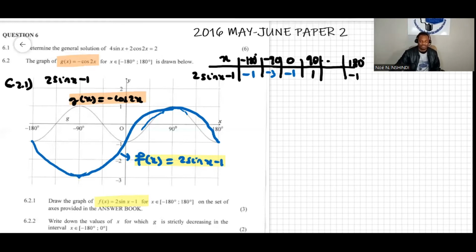So now within question 6.2.2, the question says write down the value of x for which g of x is strictly decreasing in the interval x between -180 degrees and 0 degrees.